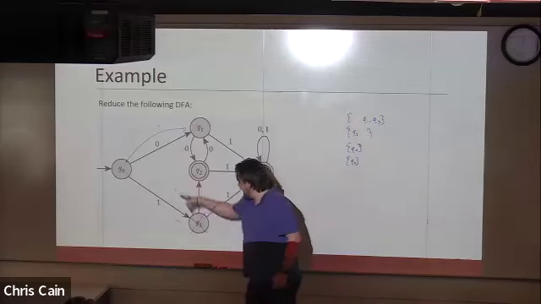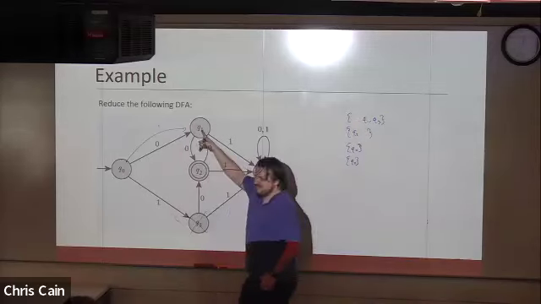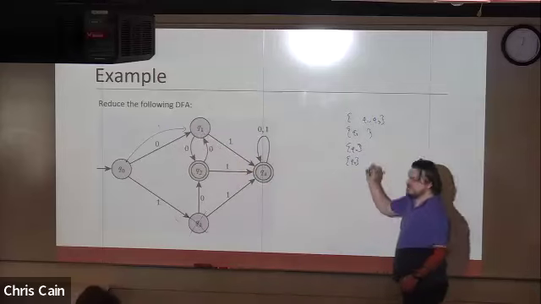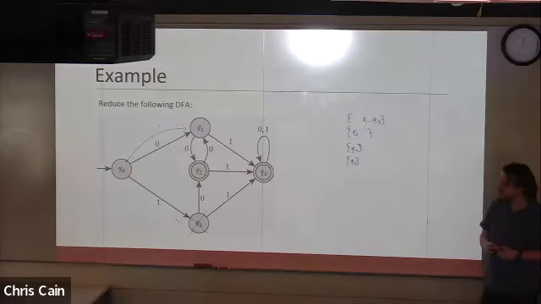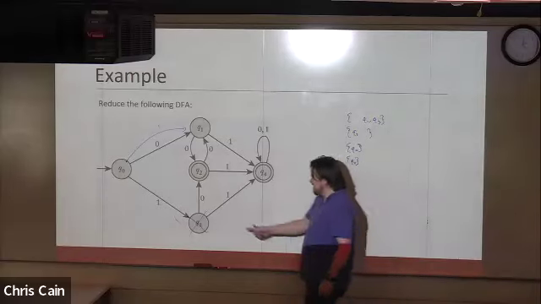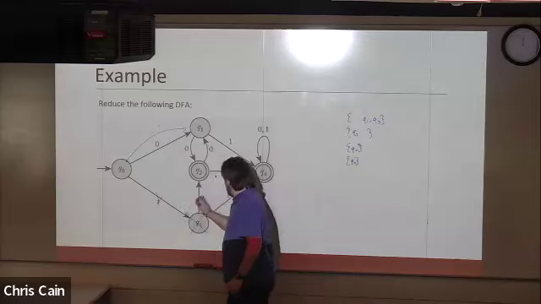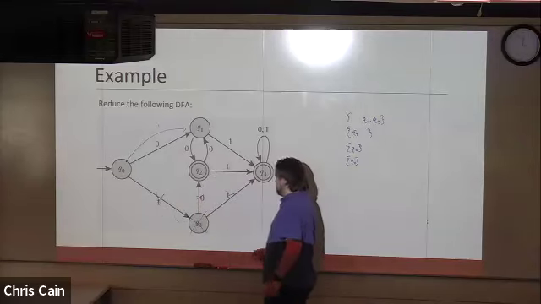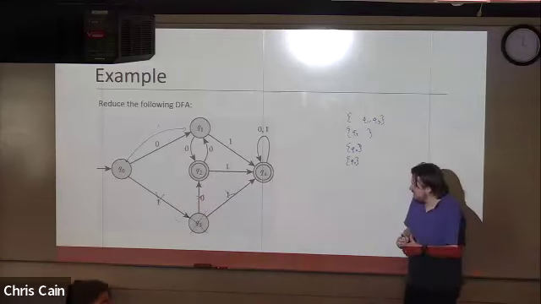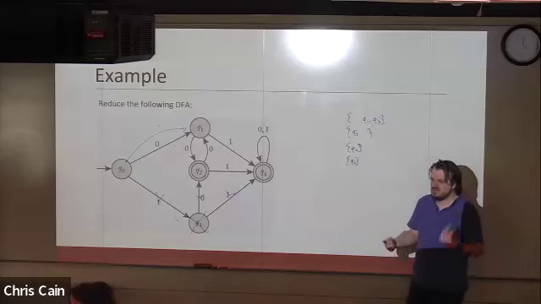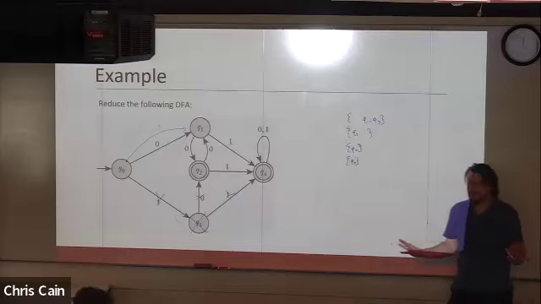Anything that comes into that should go into the other state that is considered to be indistinguishable. And now you have an equivalent DFA that removes this arrow, and this arrow. So states and all arrows into and out of that state. You're redirecting the arrows into and ignoring the arrows out of.